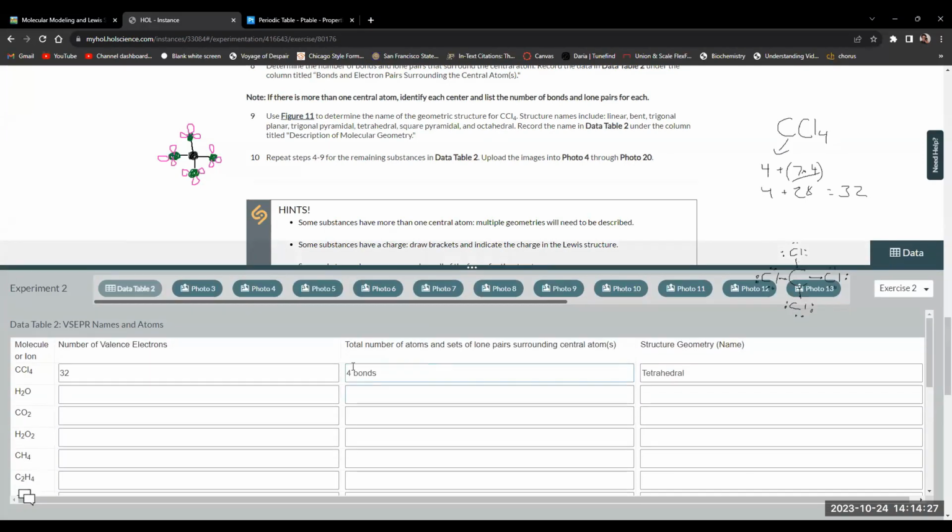So I guess for this middle column, if I had 2 central atoms, I would put atom 1 and then atom 2. Don't put atom 1. Put the proper name of the element. I'm just using this as a simple example.